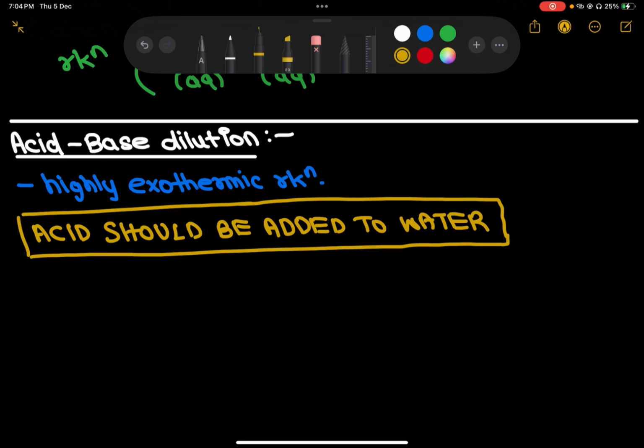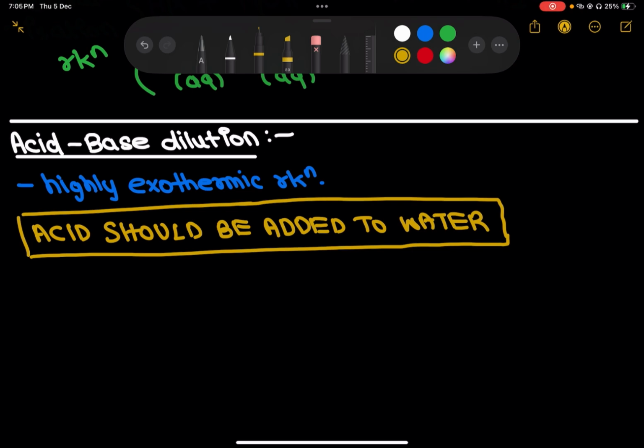On the contrary, if you add water to acid, what will happen? The acid will react so violently that if it is in a glass container, the glass container may break due to the excessive force or heat produced. It can also cause burns to whoever is diluting the acid. That is why the correct way of diluting is always acid to water or base to water.